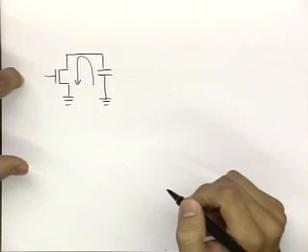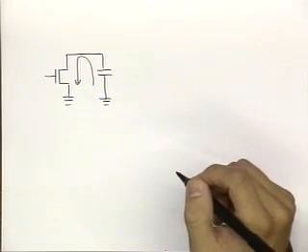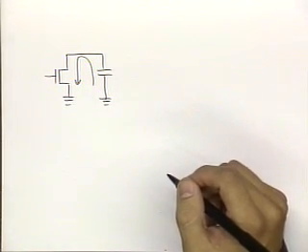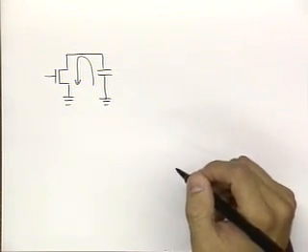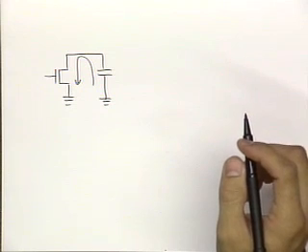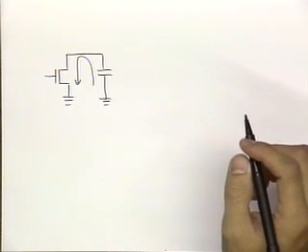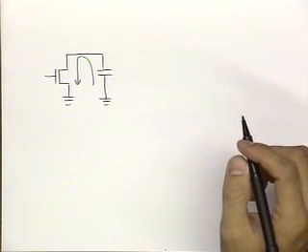Now the question is, given that this current voltage relationship is non-linear, how do you simplify a model of your transistor such that you can still do accurate and quick analysis of the performance of your circuit?